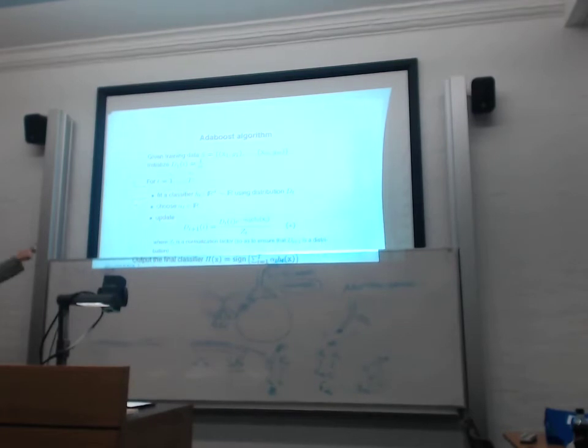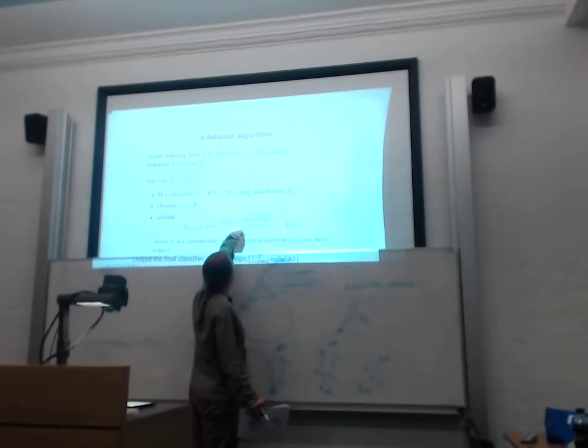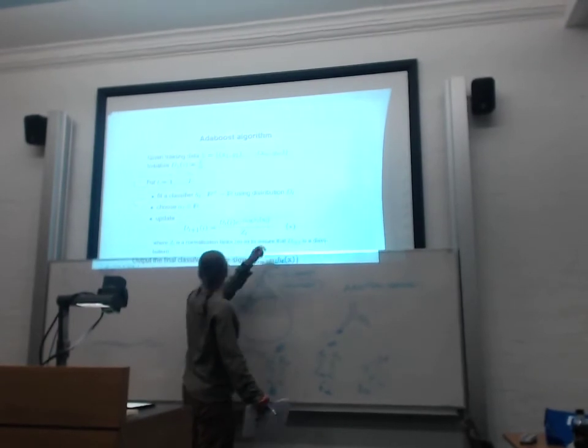Okay, and then they were initially weighted at 1 over m. So what I've done is I've just plugged in, so each time I kept multiplying, so capital D_T is just equal to the product of all these terms.